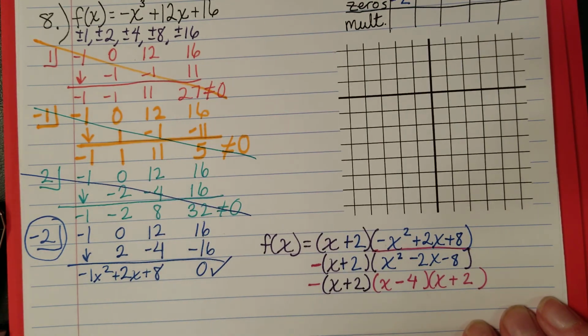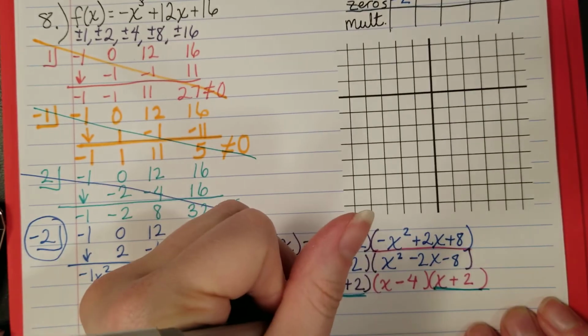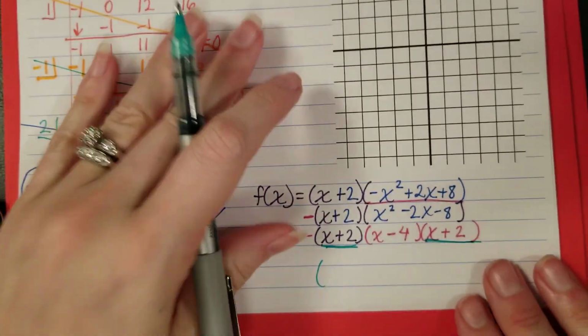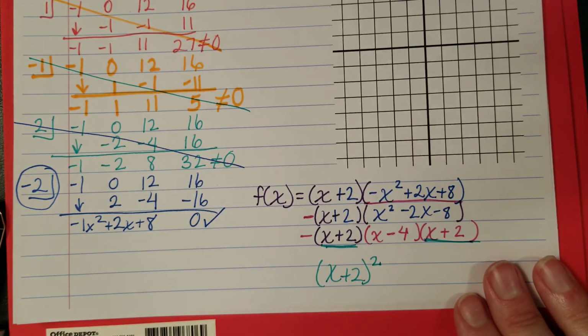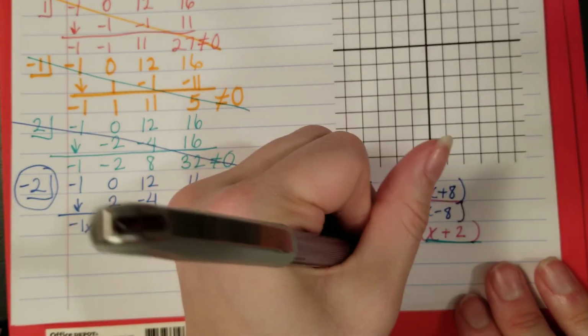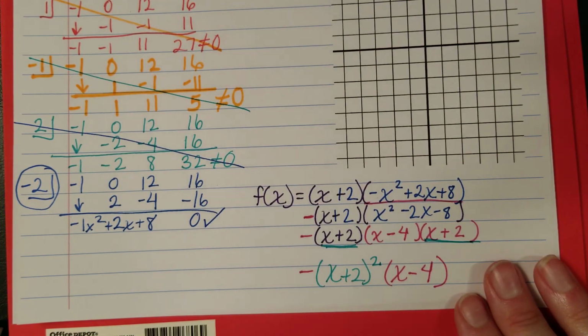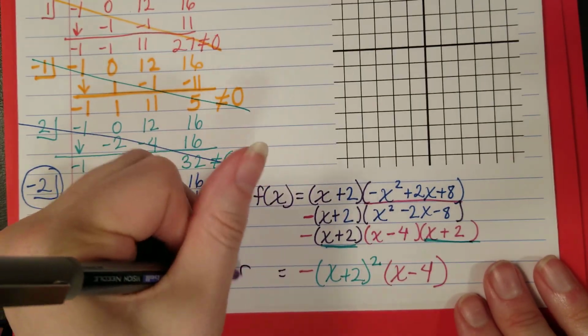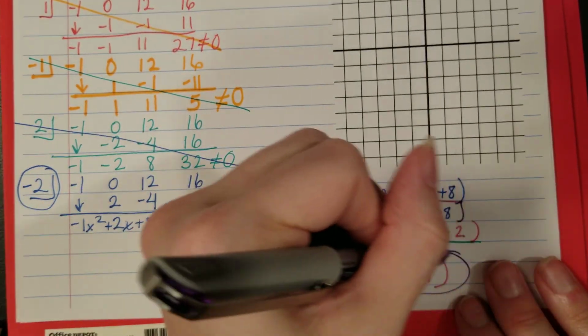So I can see that I've got x plus 2, x plus 2. So I'm going to write that as x plus 2 squared. I've still got that there, and then I've got the x minus 4. Okay, so this is the factored form of the function right here.